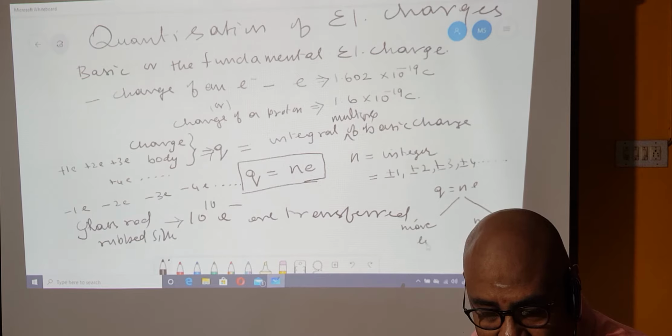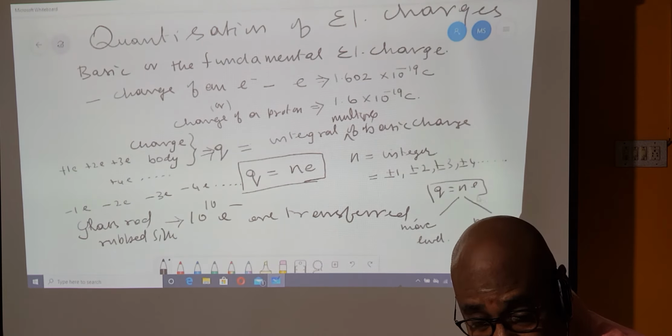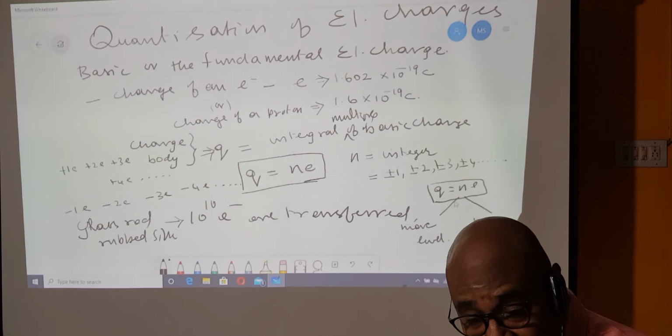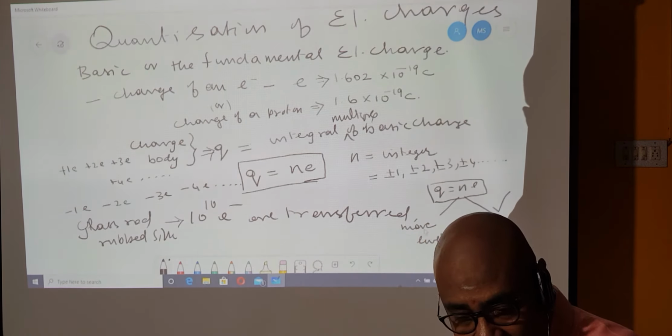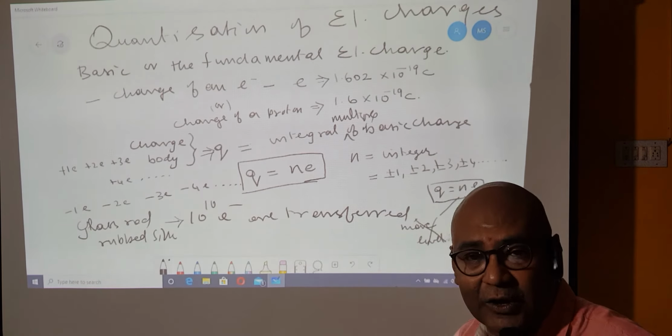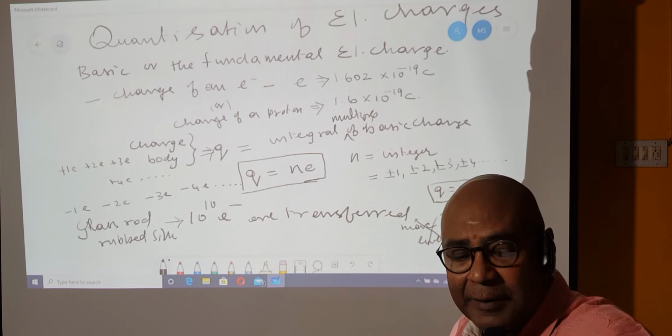The quantization of electrical charges is very well applicable only in microscopic level and not in macroscopic level. Clear? Again I am repeating it.